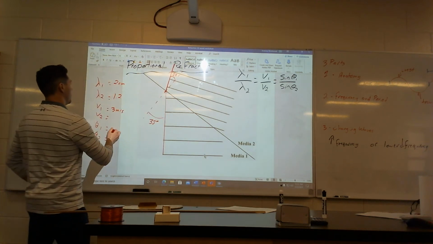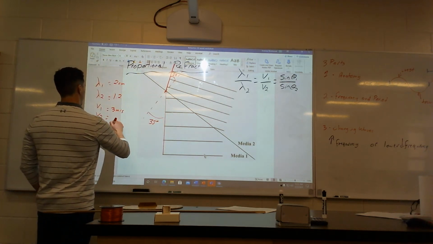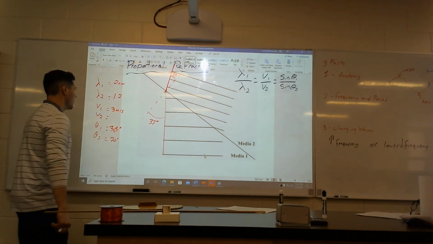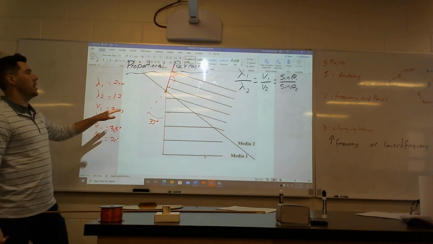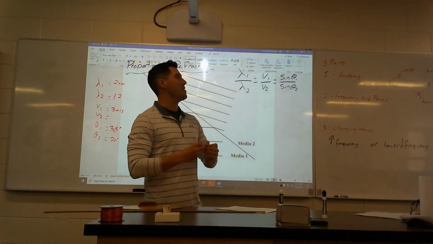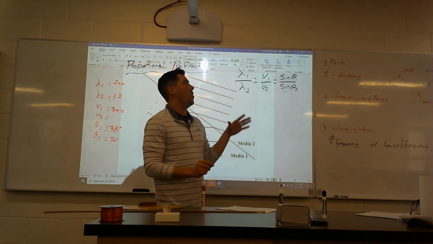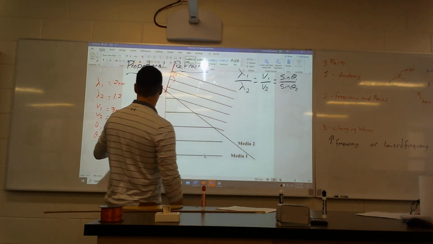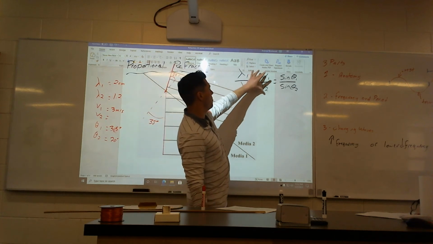So now that I found my angles, I have 35 degrees, 20 degrees. Okay? How do I find this velocity? The good thing about this formula is you do not have to use all 6 of these. I know I have to find velocity, so I'm going to use this middle part.